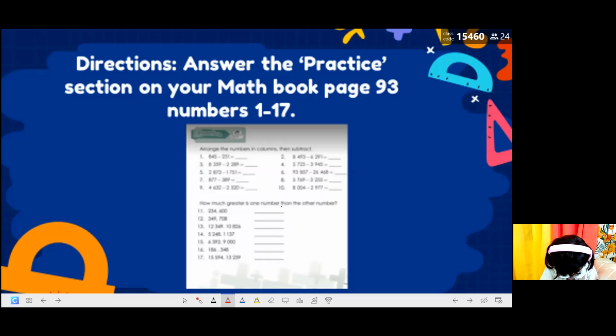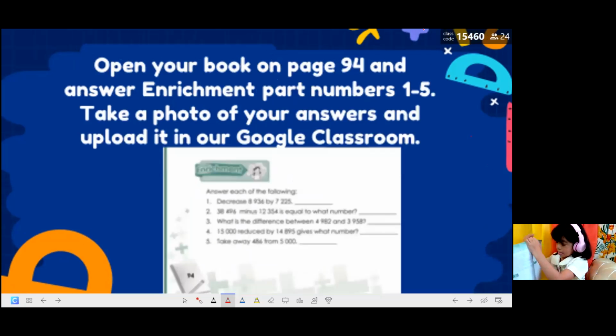It's a bit blurry here, but I will provide a clearer one in the Google Classroom. Also open your book on page 94 and answer the enrichment part, numbers 1 to 5. Take a photo of your answers and upload it in our Google Classroom. I will upload this task later so that you can start answering.